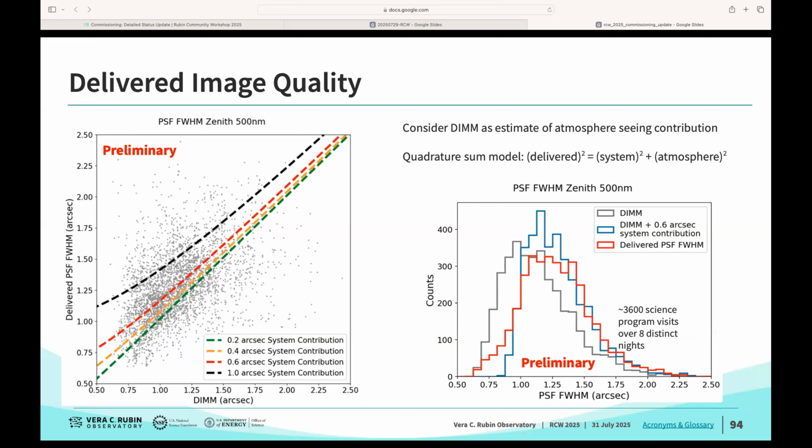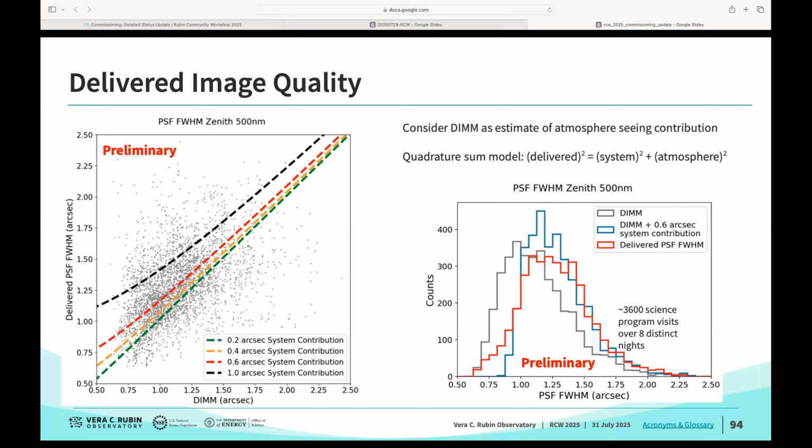So this is a look at one of the ways that we're estimating our system contribution to the delivered image quality. You can take just as a very simple model to consider the DIMM as an estimate of the atmosphere seeing contribution, and then consider a quadrature sum model with our delivered image quality.